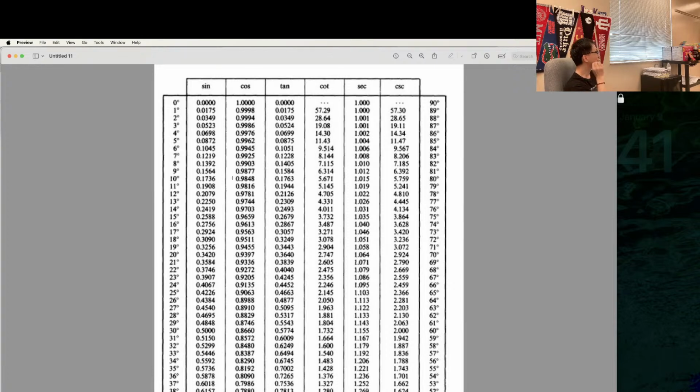Do you know what the math placement test for UCF is? When you graduate high school, they used to not have AP pre-calc, so it would be pre-calc.